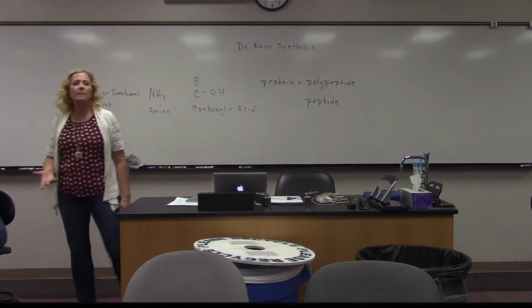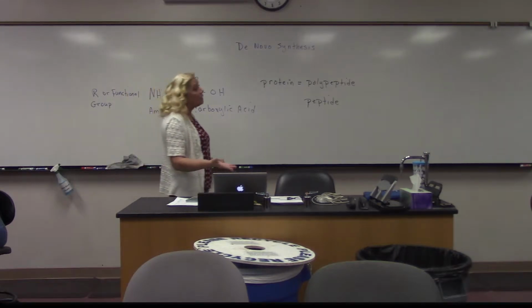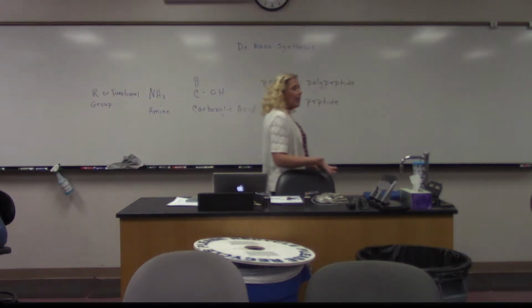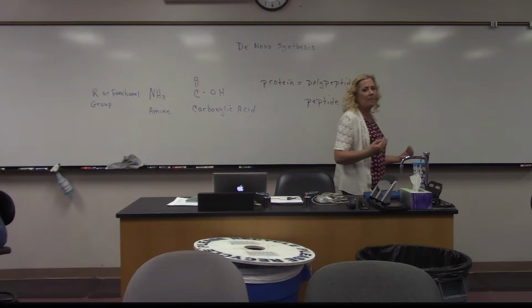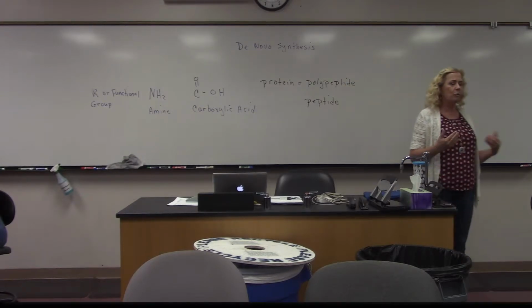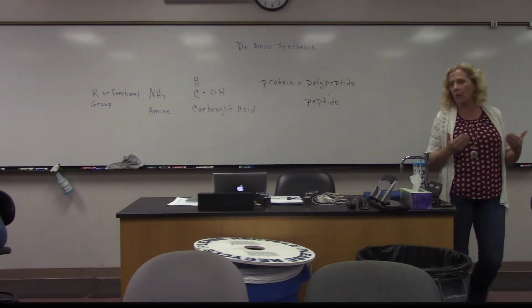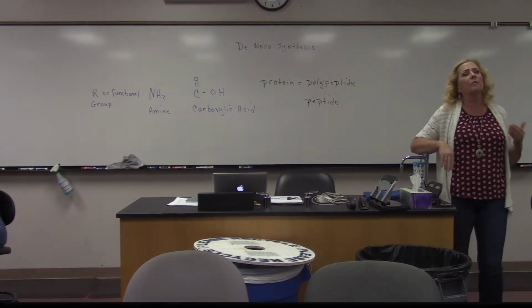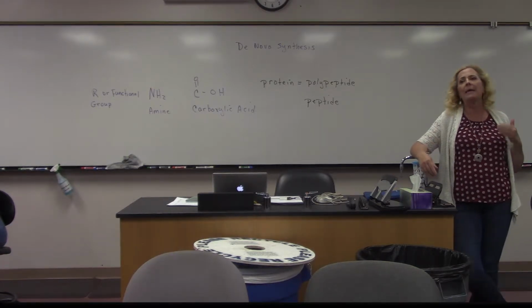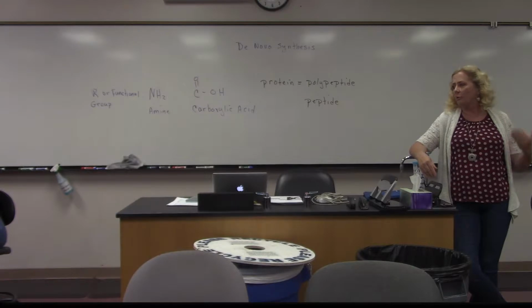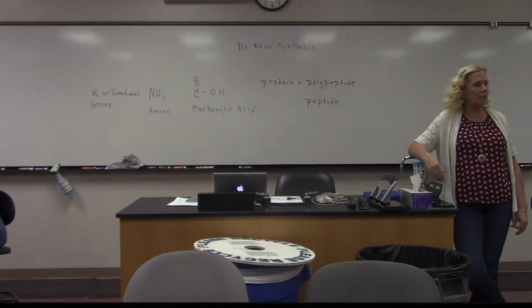But let's talk about somebody who might be vegetarian or even someone who is vegan and they're not eating any type of animal products at all. No cheese, no milks, nothing, no eggs. And so one of the big issues for them is that not all plants provide all 20 amino acids.